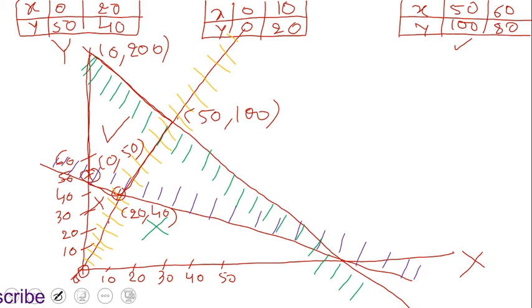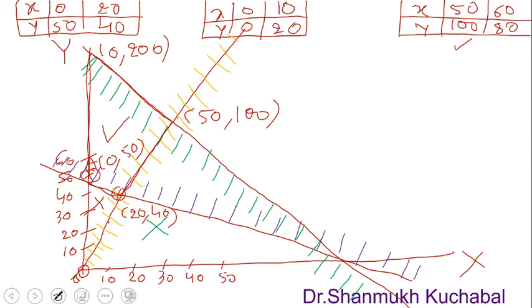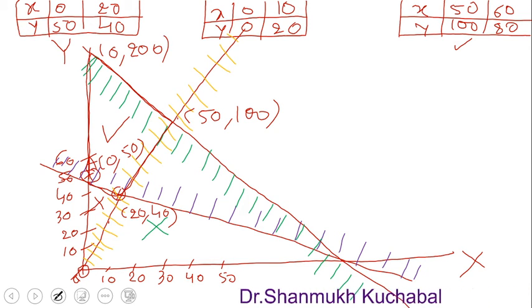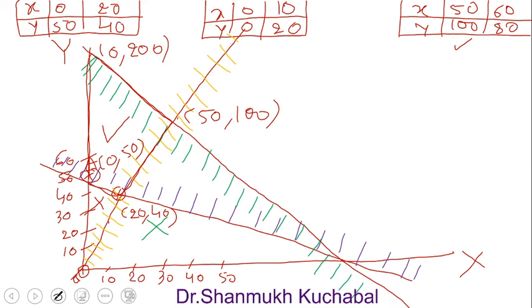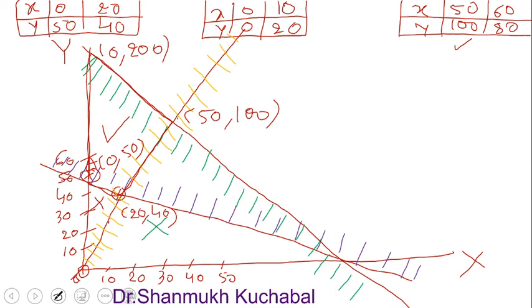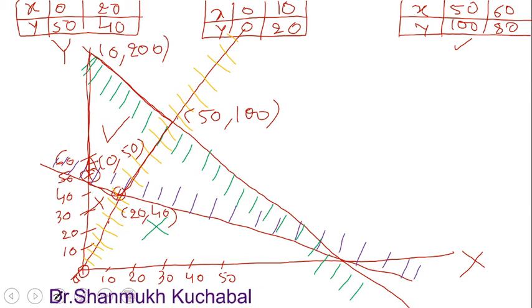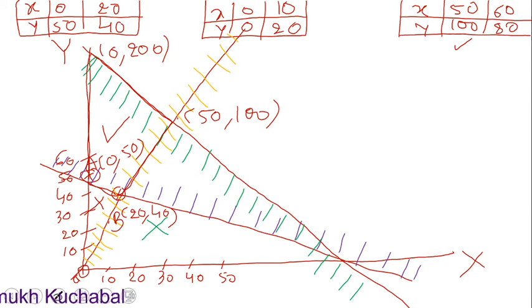Therefore I take 0 comma 50 as A, B is 20 comma 40, 50 comma 100 we take as C, and D is 0 comma 200.